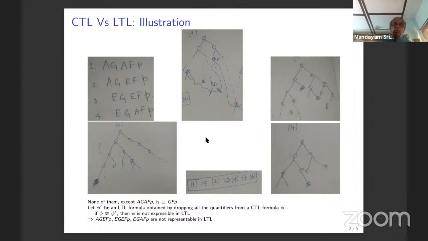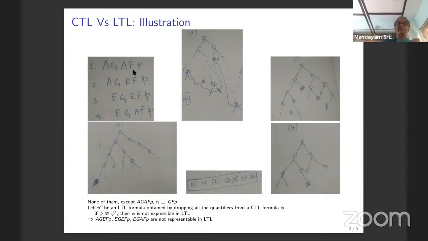What I want you to do is study these slides, and make sure that you understand the difference between these four versions of CTL formulas, and why they are not equivalent, and also why, when you drop the quantifiers, G of F of P is not necessarily equivalent to any one of these 2, 3, or 4, whereas it is equivalent to AG of AF of P.